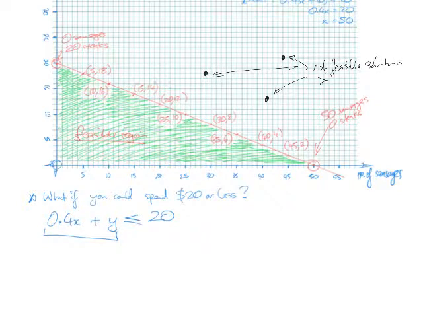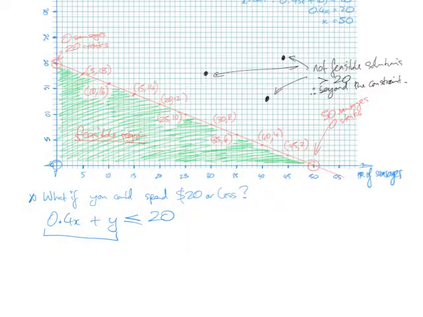They would be greater than 20, therefore beyond the constraint. The constraint is 20, and you can spend less than that.